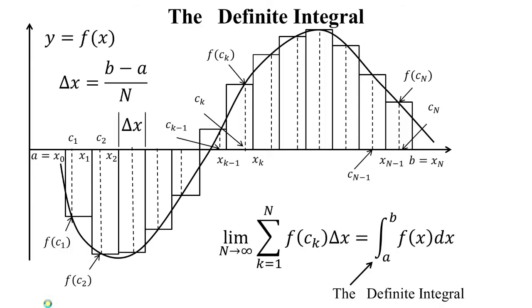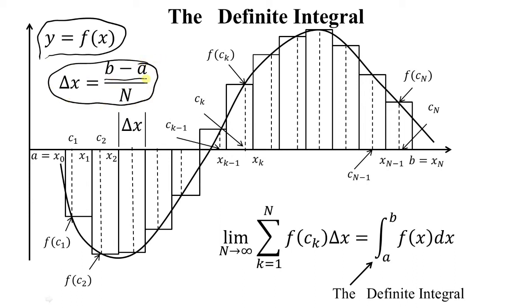Now in this next slide we're going to introduce the concept of the definite integral, which is going to help us not have to do a lot of the summation that we were just talking about. Let's say that we have a function f of x, and let's break it up into a number of rectangles, and we're going to let the width of each rectangle be called delta x, and it's going to be b minus a divided by n.